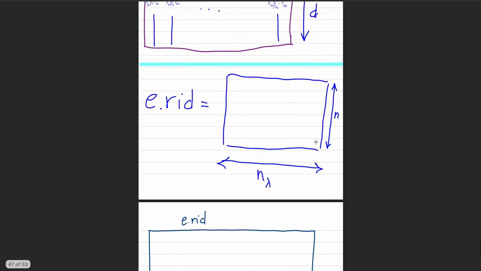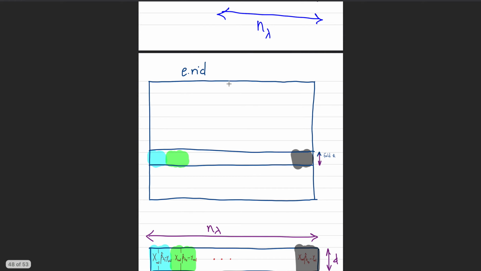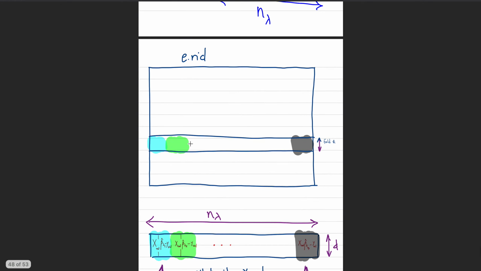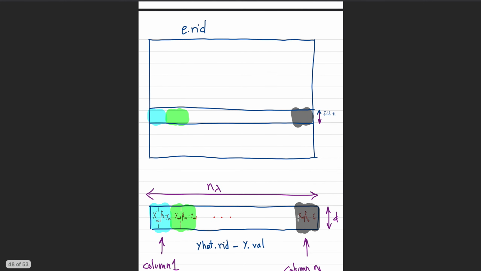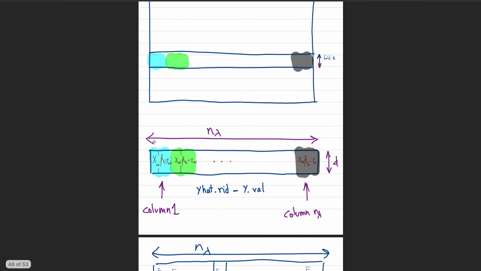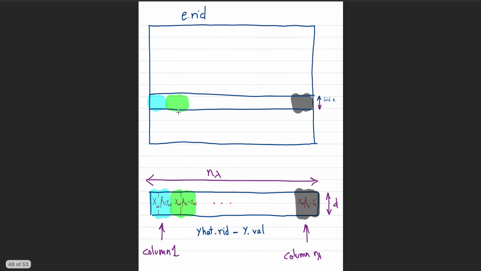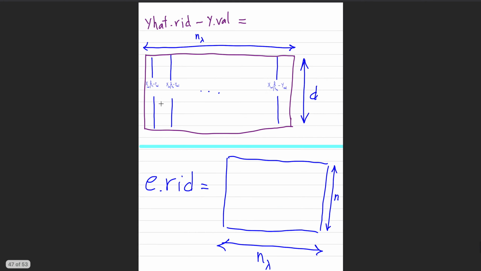Rows. And how do we calculate E ridge? This is the kth fold, and this part is this. So this is first column, second column, n lambda column, and this piece here is nothing but what we have here.